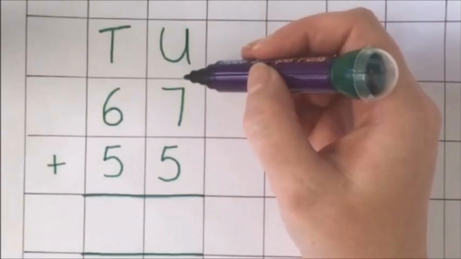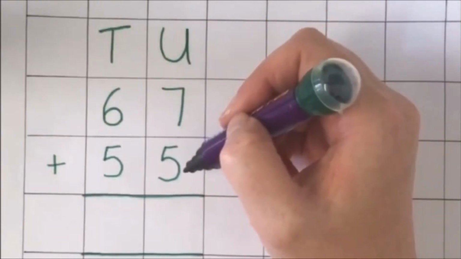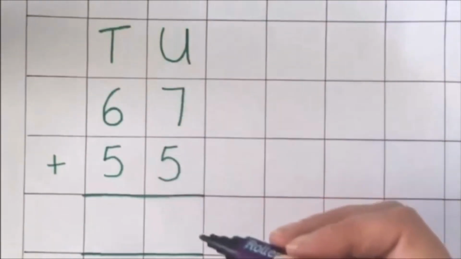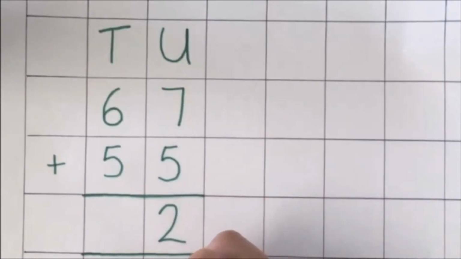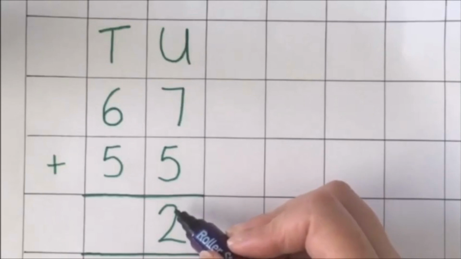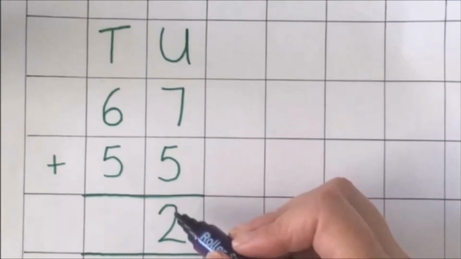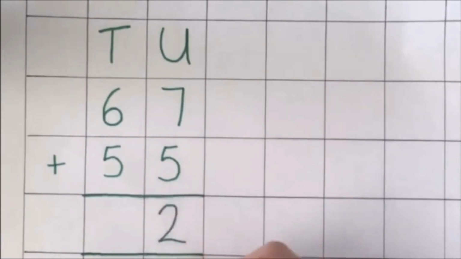Add the units first. 7 units and 5 units is 12 units. So the 2 of the 12 goes in the units column and the 10 goes just beneath the answer column, large, so that I don't forget about it.